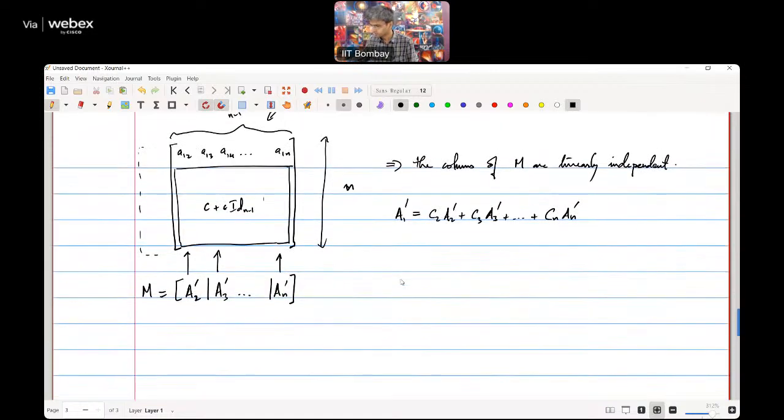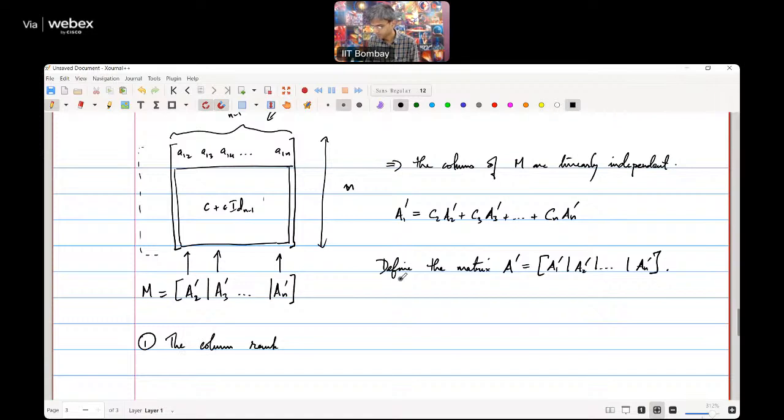Okay, so let's make a few observations. Define the matrix A prime to be equal to A1 prime, A2 prime, up to An prime. Let's make the following two observations, which are easy, and I will leave it to you to check.